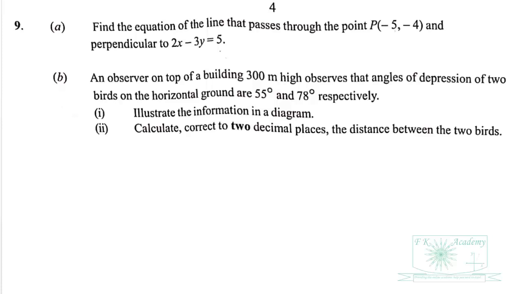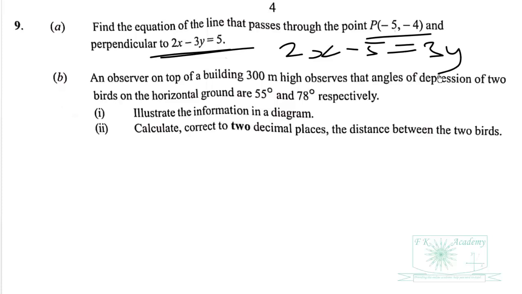Alright, so we have the point (-5, -4). We have the line 2x minus 3y equals 5. We need to determine the gradient that is perpendicular to the gradient of this line. So first of all, the gradient of this line: 2x minus 5 is equal to 3y. I'm arranging in the form y equals mx plus c.